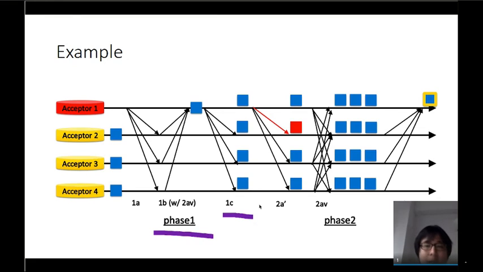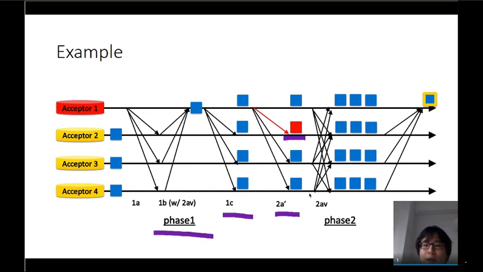We assume that. After that, it sends the phase 2A prime to everybody else. Here it lies to acceptor 2, that I want acceptor 2 to go with the red value. For every other acceptor, it goes with the correct value, the blue value.